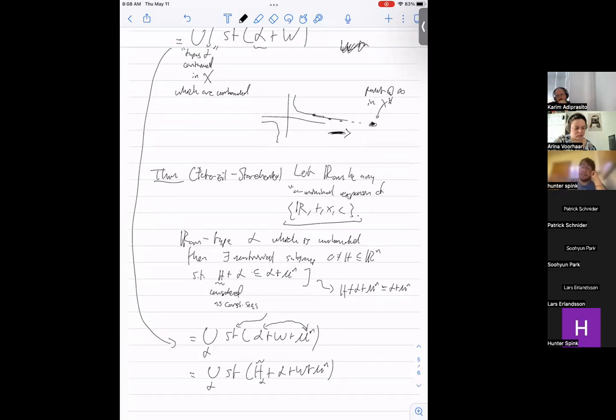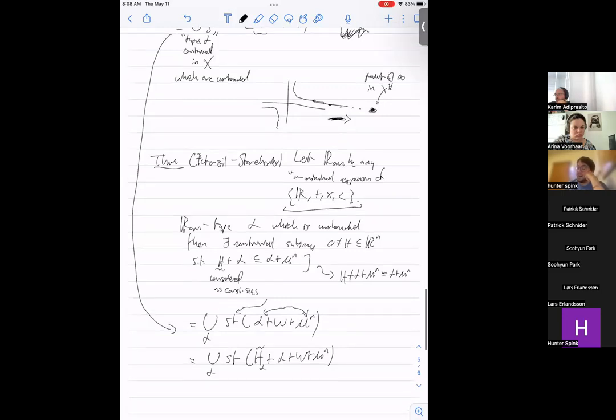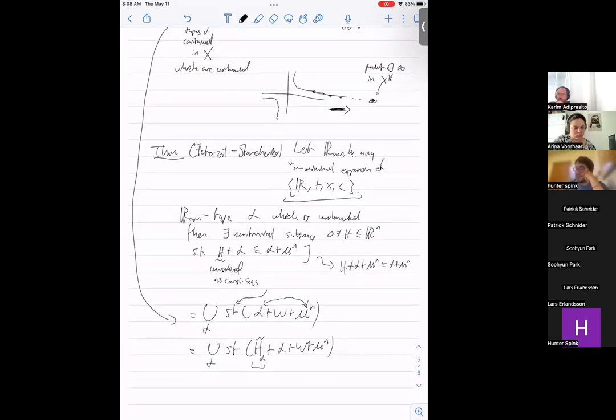So for each limit as you go to infinity, there's a different direction that you're stable under. And now because these are constant sequences, I can pull it out: the union over alpha of h alpha plus the standard part of alpha plus w plus mu to the n. And this is a bunch of lines.